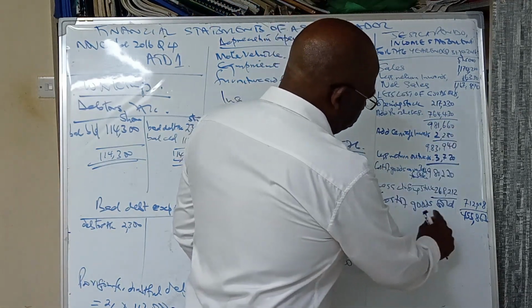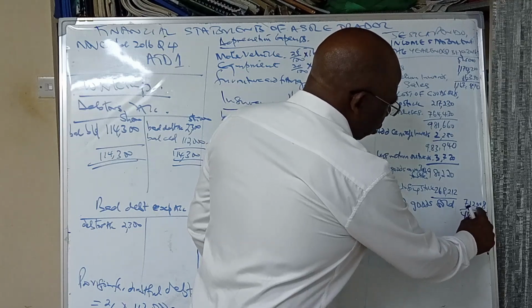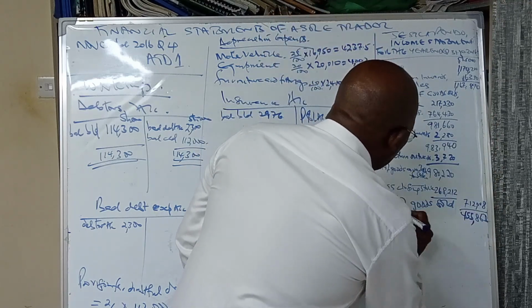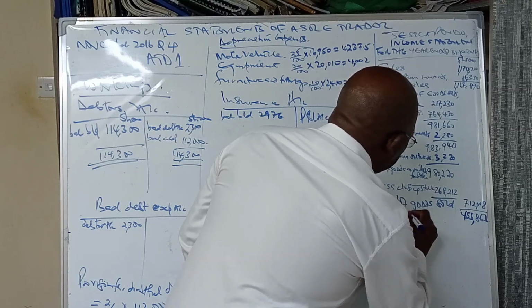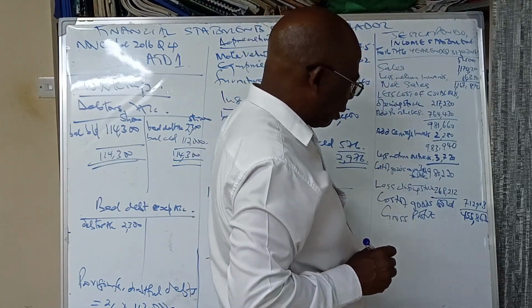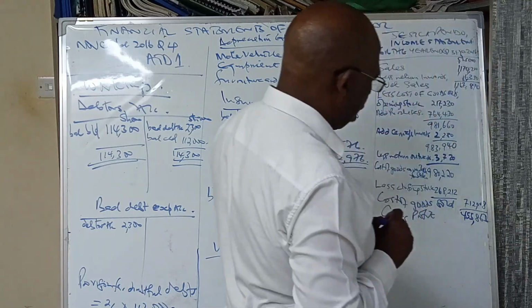Once you subtract the cost of goods sold from net sales, you get the gross profit. Our gross profit is 455,862.